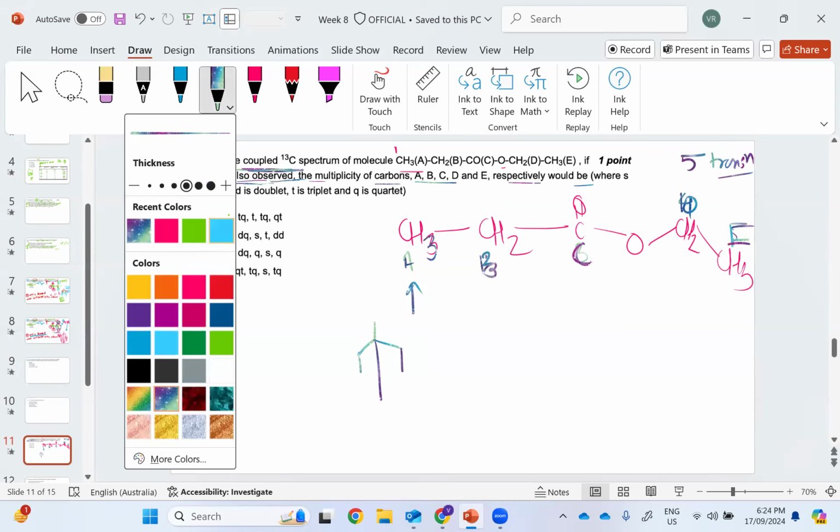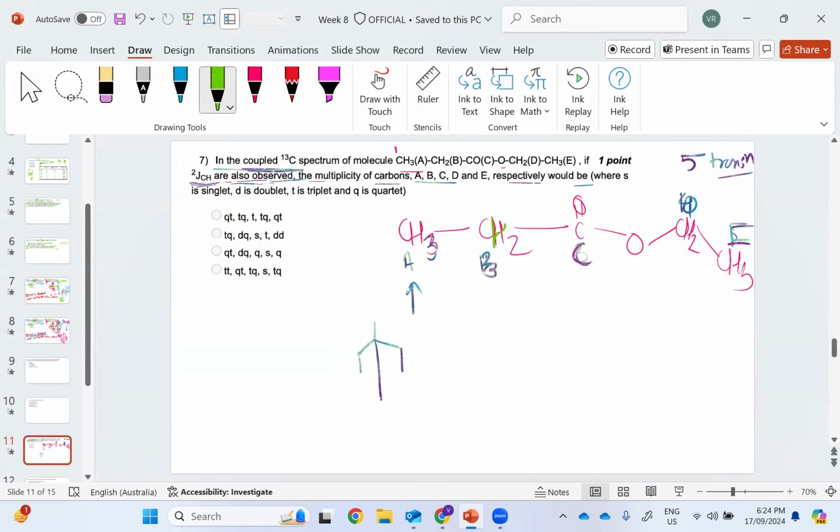Then because of this CH2, what will we get? Sorry, it will get a quartet because there are three hydrogens. So according to the 2nI plus 1 formula, we get a quartet, with the intensity 1:3:3:1. Then each line of this quartet will split into a triplet, right?